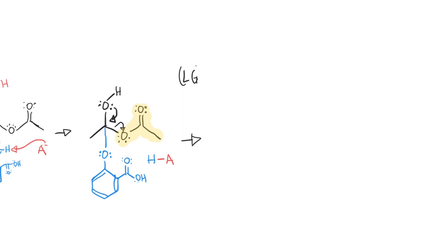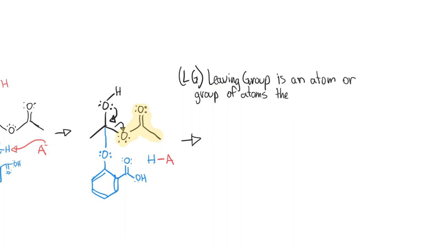So leaving group is an atom or group of atoms that breaks off the main molecule during a chemical reaction.